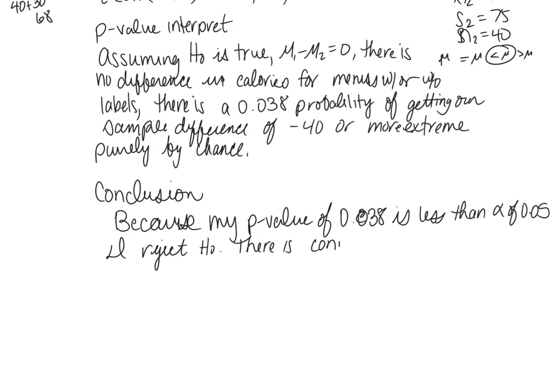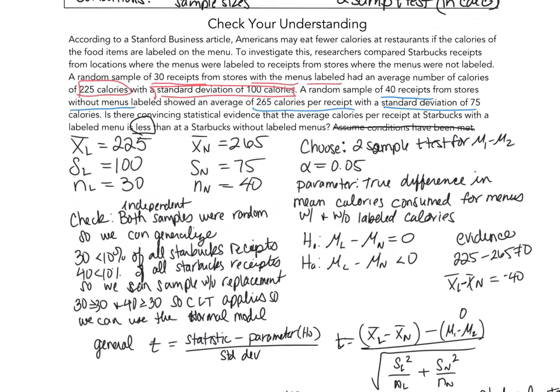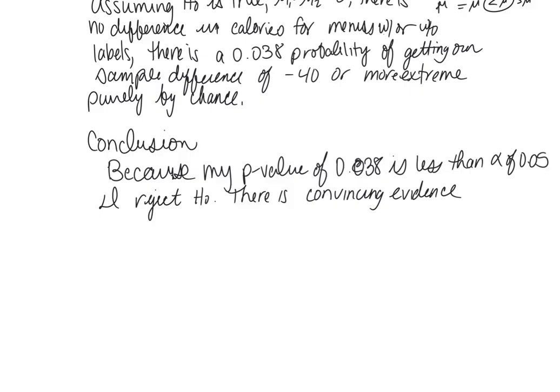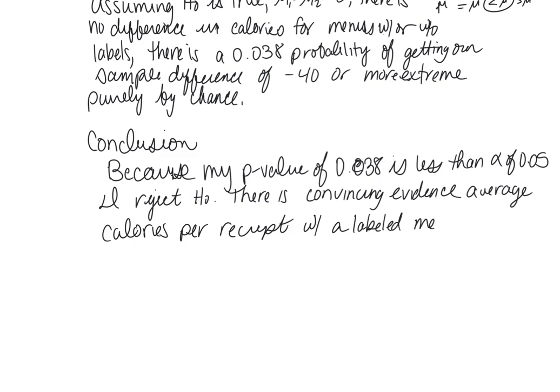There is convincing evidence, and then we're going to use the sentence, there's convincing evidence the average calories per receipt with a labeled menu is less than the average calories per receipt without a labeled menu.